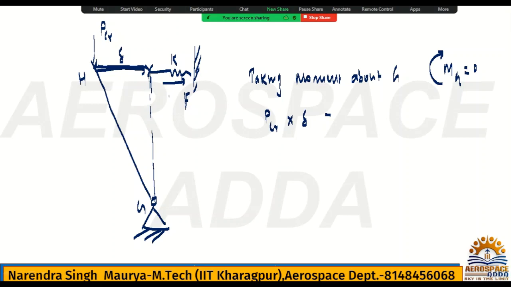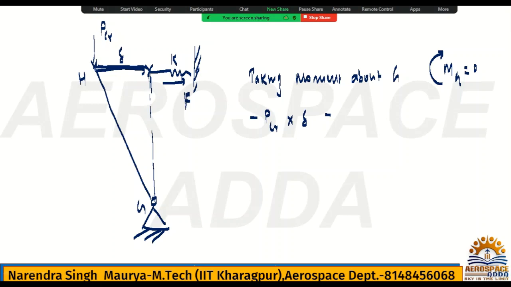So this PCR into delta will be negative. Then this other force you will take positive, because one is clockwise, one is anti-clockwise.